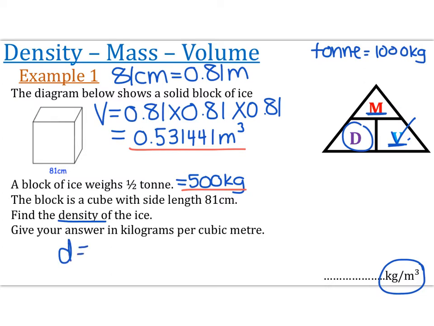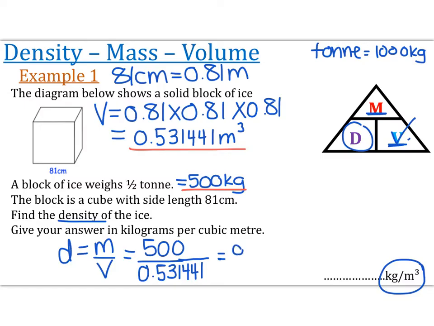The density is mass divided by volume, which is 500 divided by 0.531441. It's actually a long decimal, but anyway. 500 divided by that answer, we get 940.8 kilograms per meter cubed. And I think that's all we're looking for. Find the density and give your answer in kilograms per meter cubed. Yep, we did it. There you go.